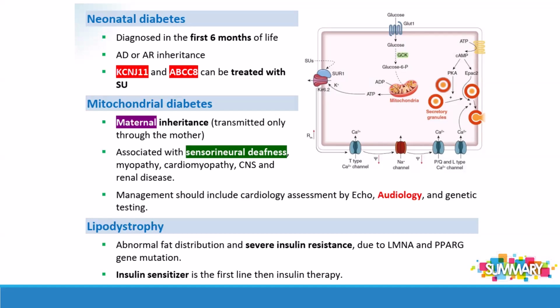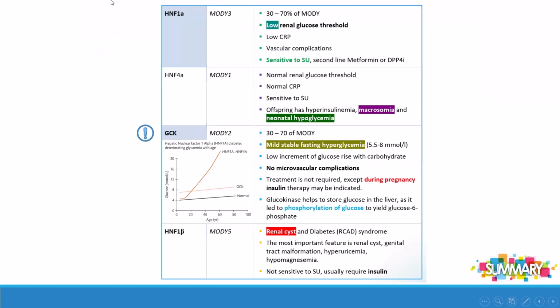If blood glucose is less than this threshold, there is no glucosuria. But in the case of HNF1 alpha, the blood glucose level is less than 10 millimole per liter and there is still glucosuria. This is what we mean by low renal glucose threshold.